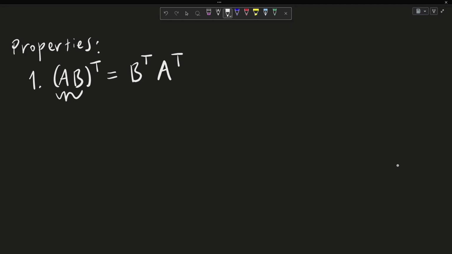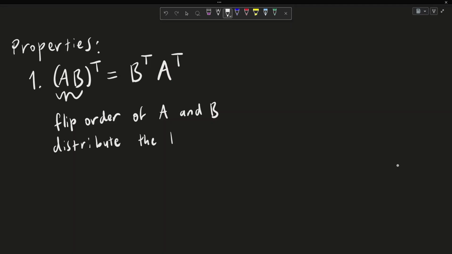The important thing to note is that we flip the order of A and B, and then we can simply distribute the transpose. And again, it is important that you flip the order because matrix multiplication is not commutative. So B transpose A transpose is not equal to A transpose B transpose.